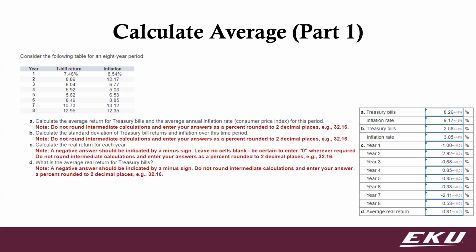We're going to do that one more. And then what's the standard deviation, right, from that? And then what is the real return for those 8 years, right? So those years 1 through 8. What is our real return? And then what's the average real return of T-bills over that time?